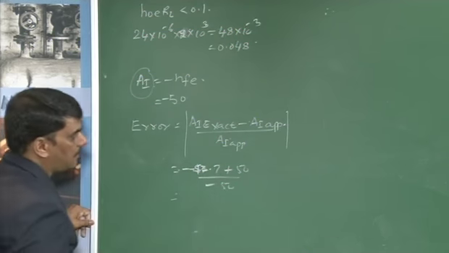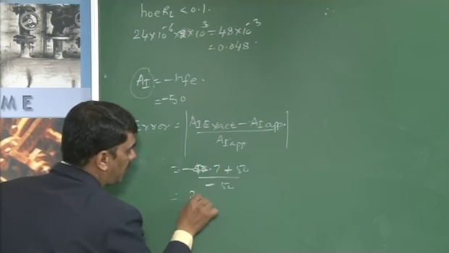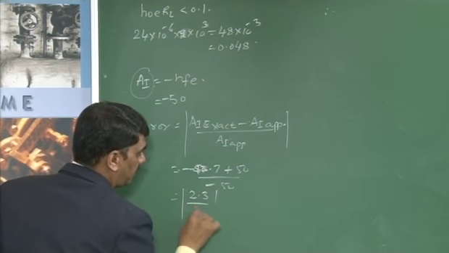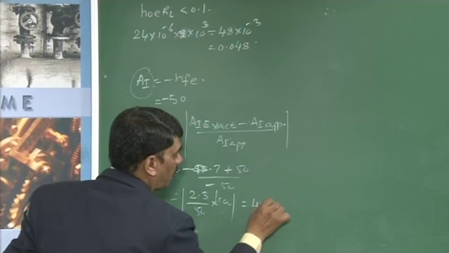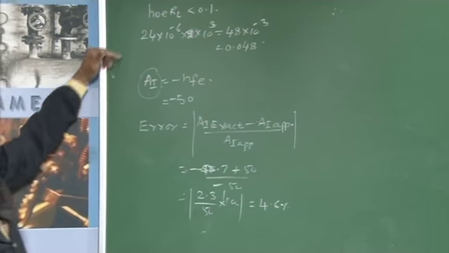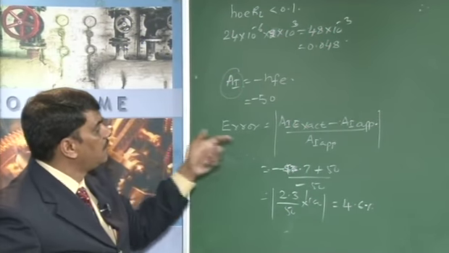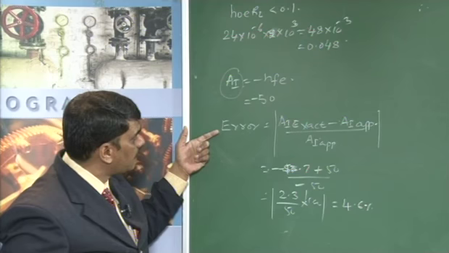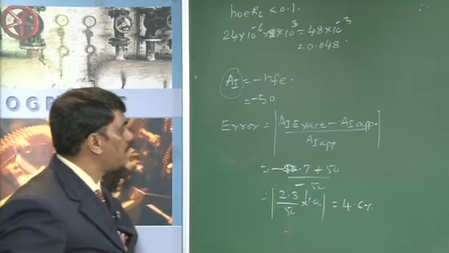This value is 50 minus 47.7, which is 2.3, divided by 50 into 100. This value is equal to 4.6%. If you use this approximate analysis, the error between the exact analysis and approximate analysis does not exceed 4.6%.